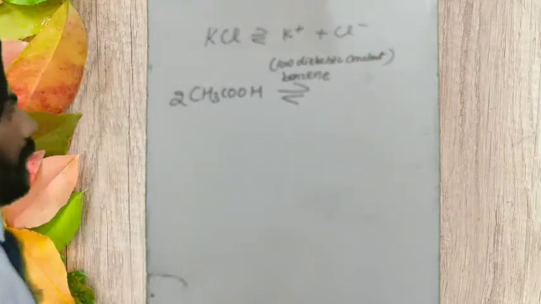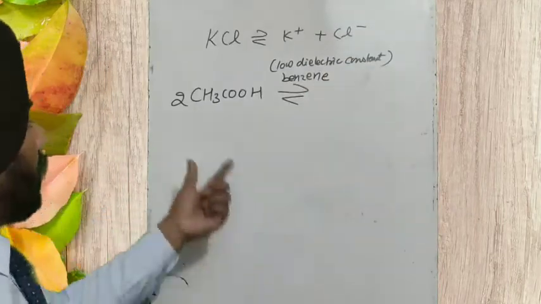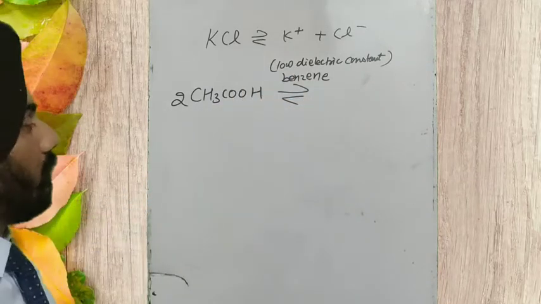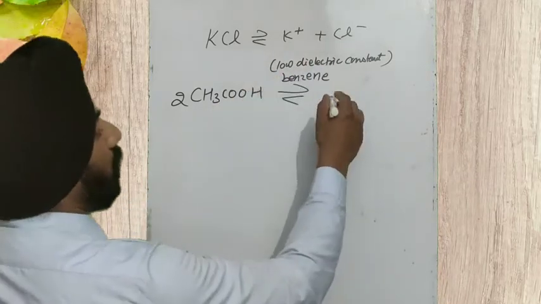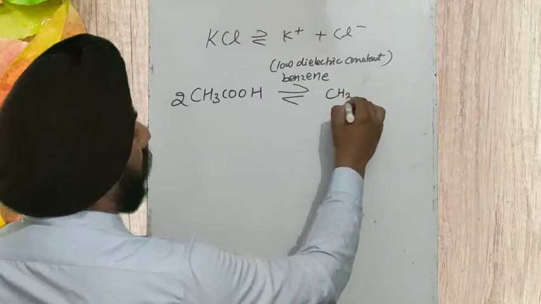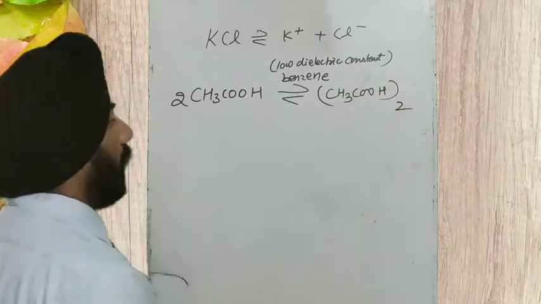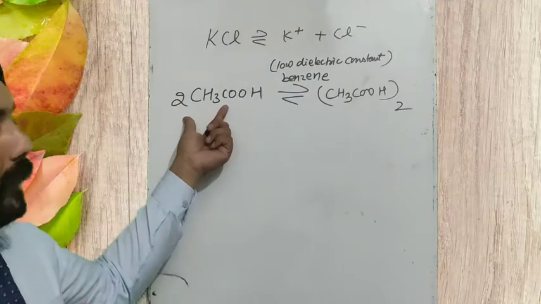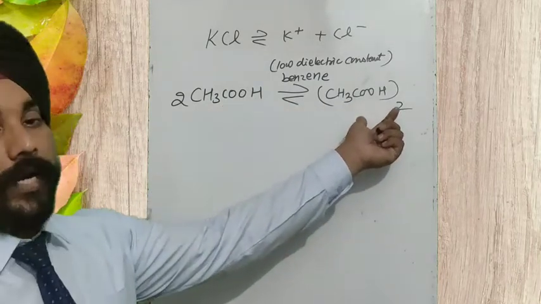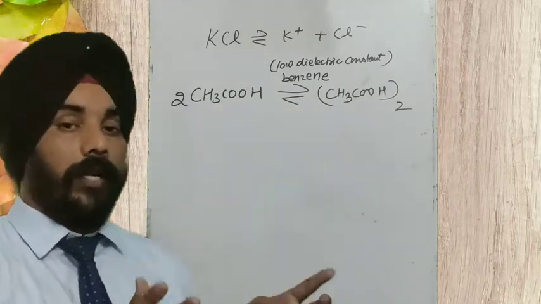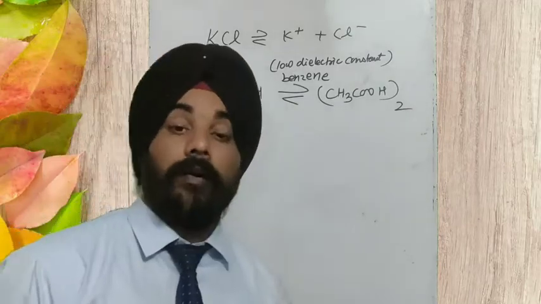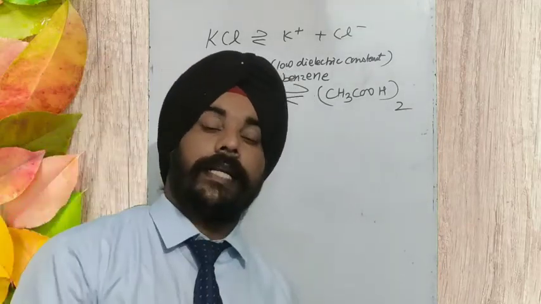So when ethanoic acid is added into benzene, it is going to be dimerized, forming one molecule. Earlier it was two different molecules; now after adding into the benzene, it becomes only one molecule. So the number of particles is going to decrease.